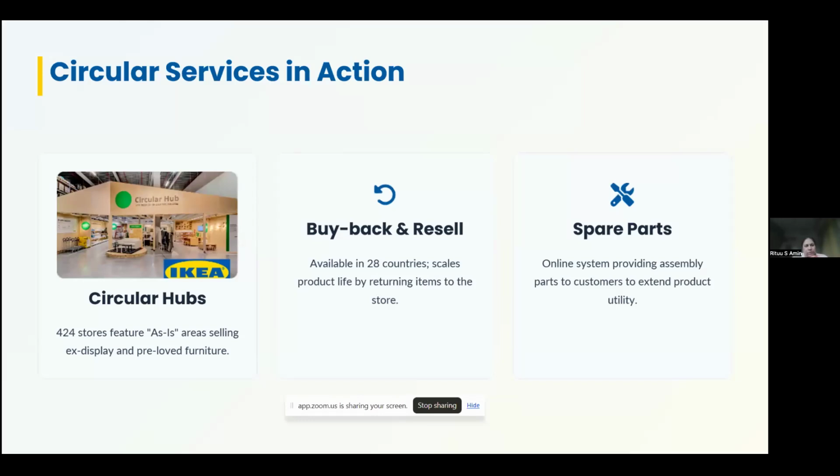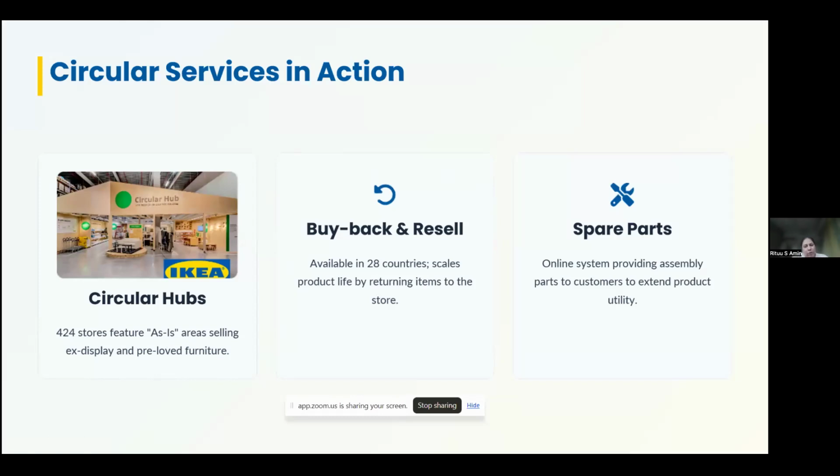They have circular services. It has now started in India also. The 424 stores feature areas selling display and pre-loved furniture. They have buyback and resell, which I personally feel is very good.